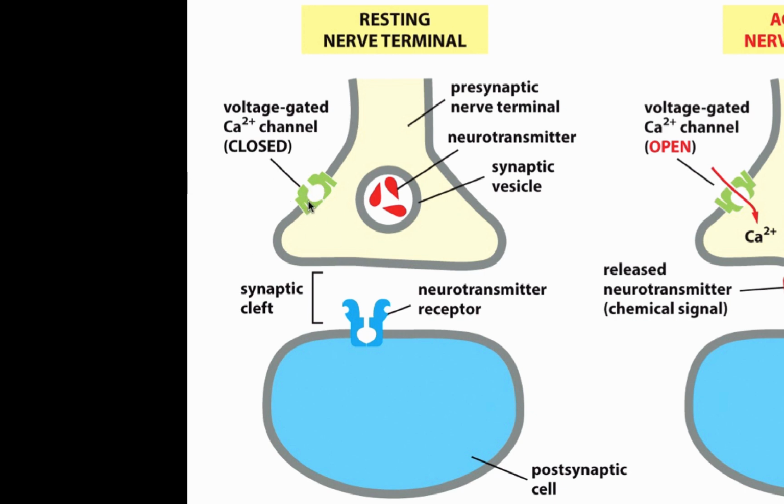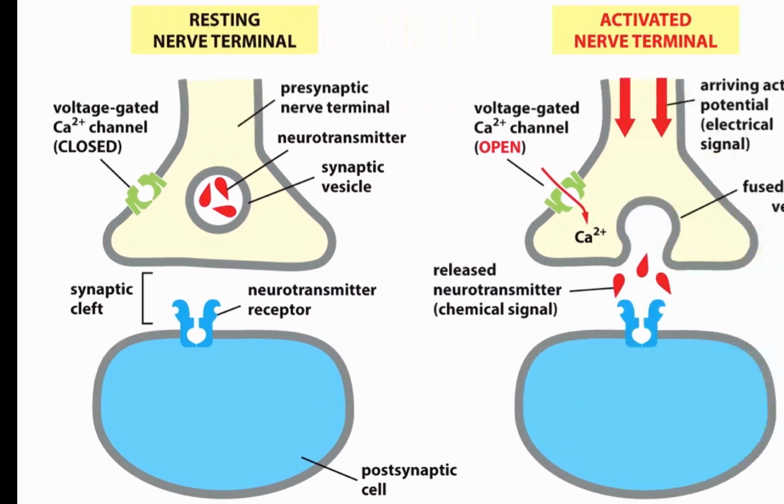This one is a voltage-gated calcium channel. So when open, it will allow the influx of calcium ions. In the synaptic cleft, meaning the space between the neuron and the postsynaptic cell, we have, in the postsynaptic cells, neurotransmitter receptors on the surface of the cell.